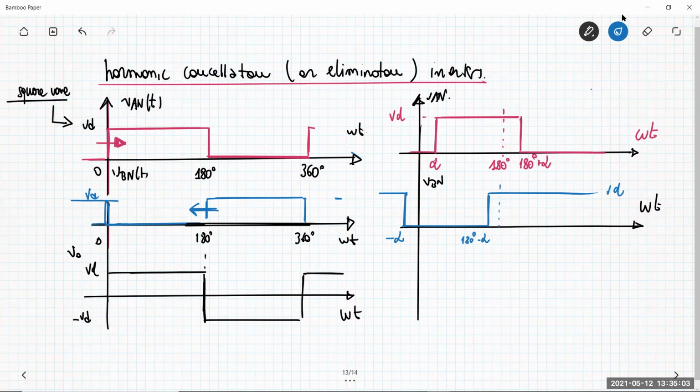What happens to the output voltage? The output voltage is given by the difference between VAN and VBN.